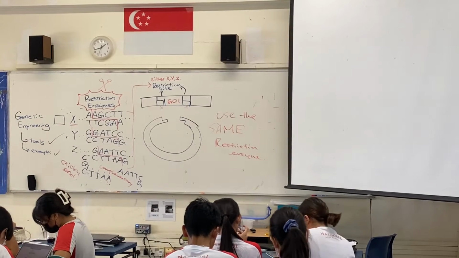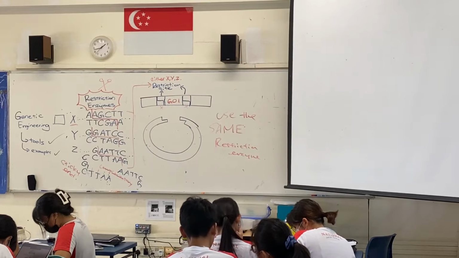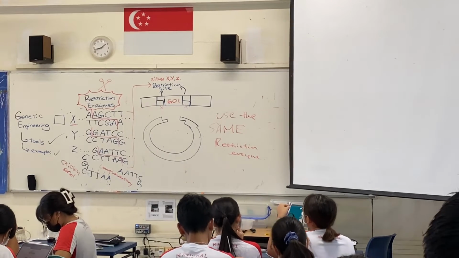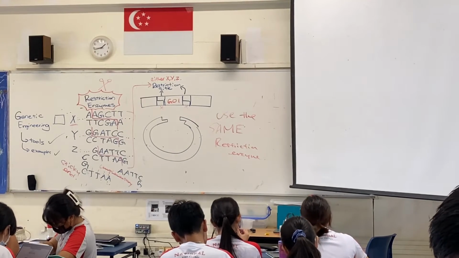A to T, A to T on this side. Correct. So it's really about using the same enzyme to cut the same type of restriction sites. They can create the same sticky ends.